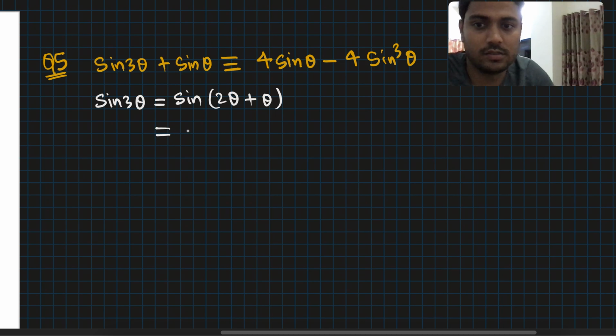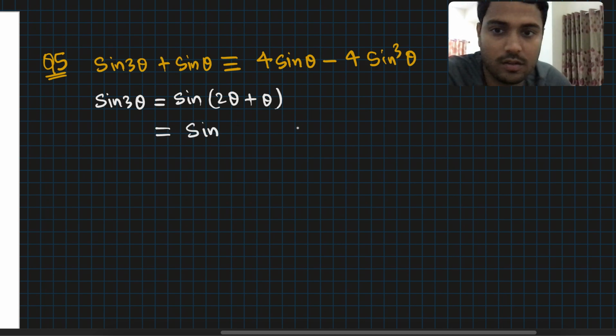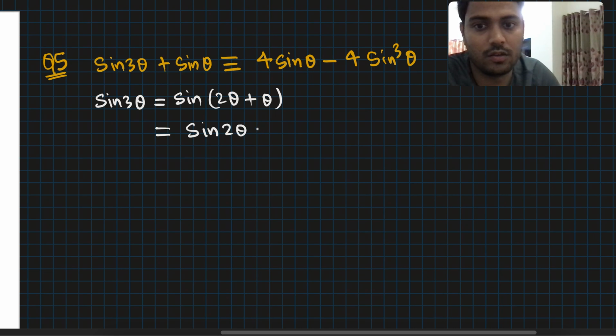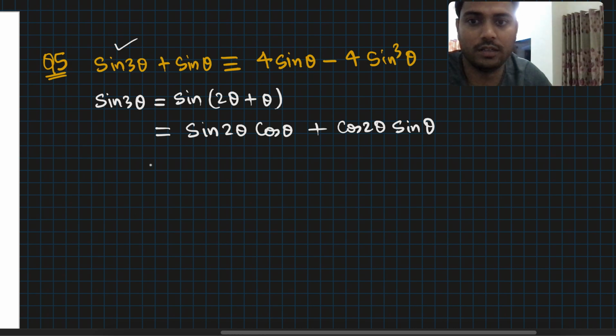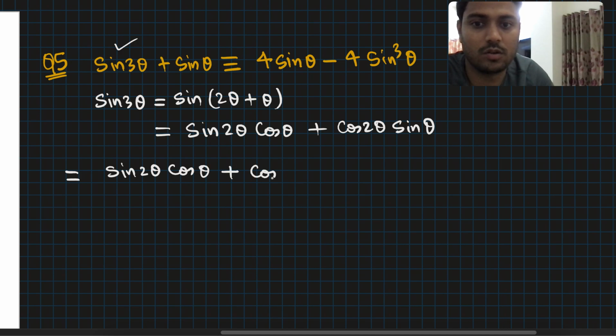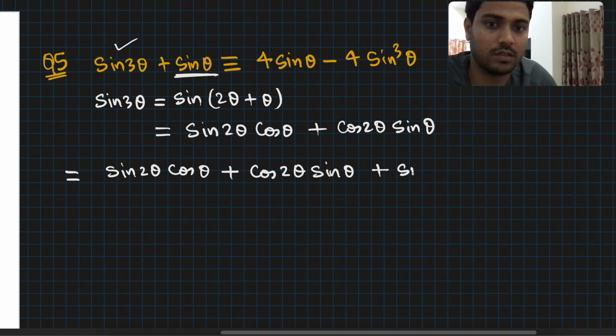We know that sine (A plus B) is sine A cos B plus cos A sine B. So we can use this in place of sine 3 theta, and write it as sine 2 theta multiplied by cos theta, plus cos 2 theta multiplied by sine theta, and additionally plus sine theta.